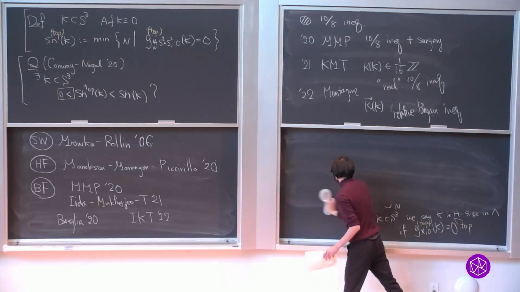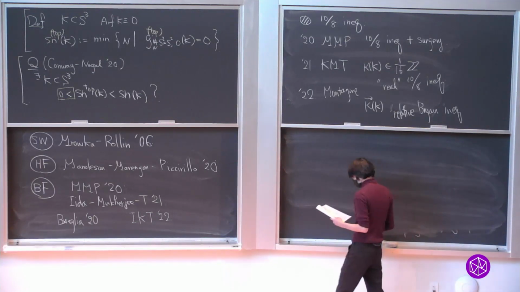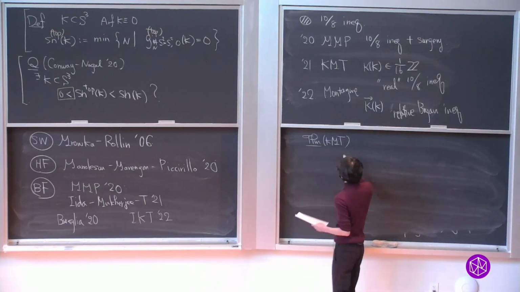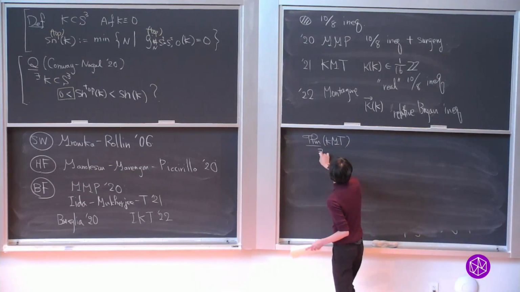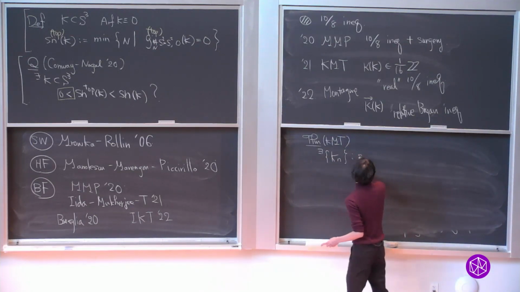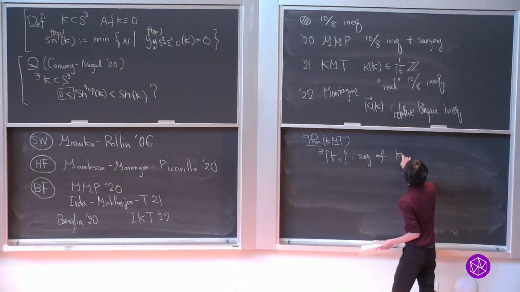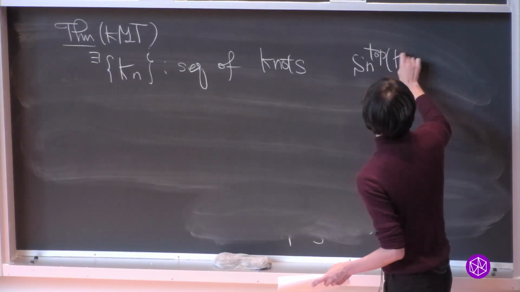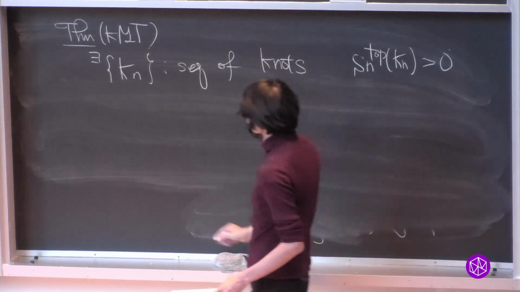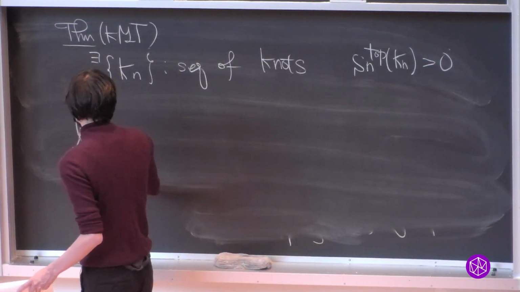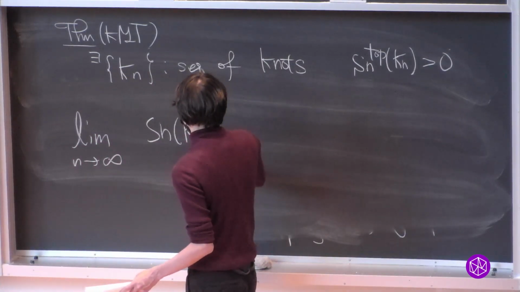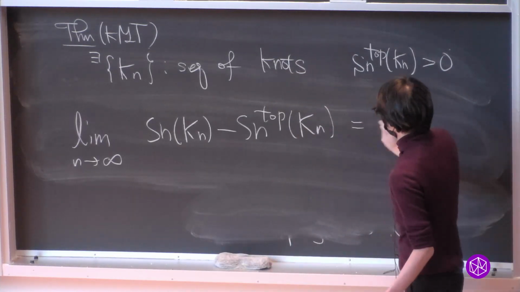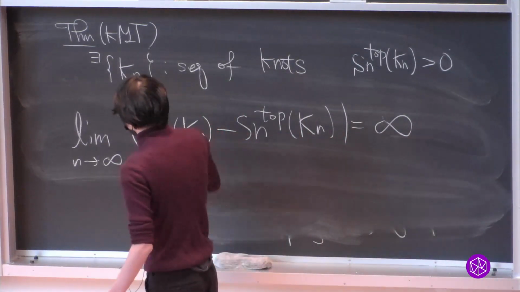And by using our invariant, we can prove the following result. There exists a sequence of knots such that the topological stabilizing number is strictly positive, and the difference between the smooth stabilizing number and the topological stabilizing number goes to infinity as n goes to infinity.